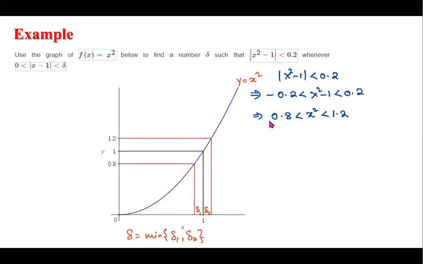To find the value of x from x squared, you need to take the square root. So we take a square root here, here, and there.